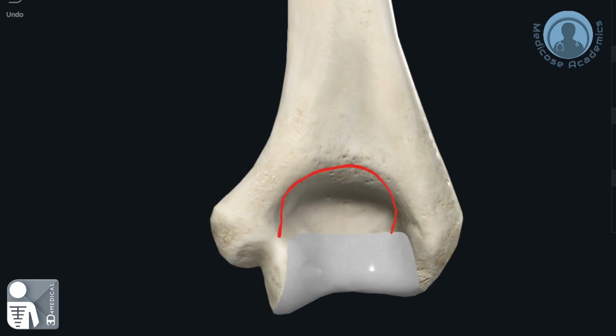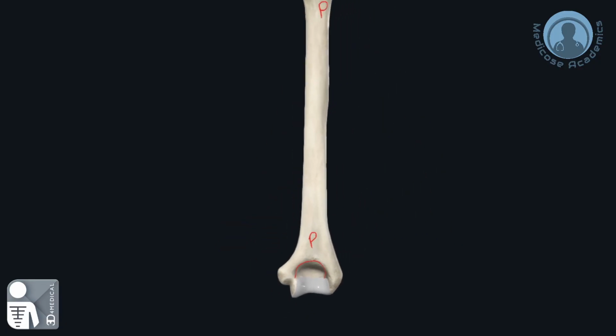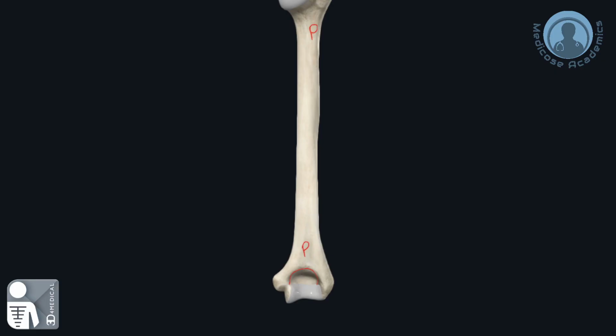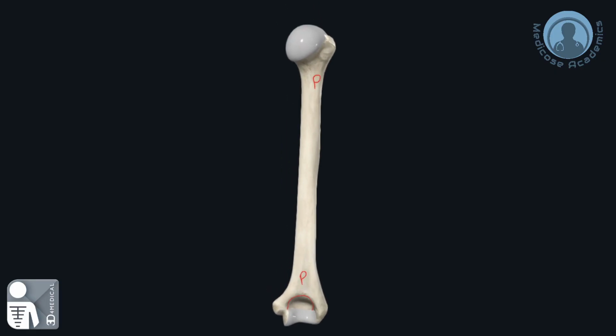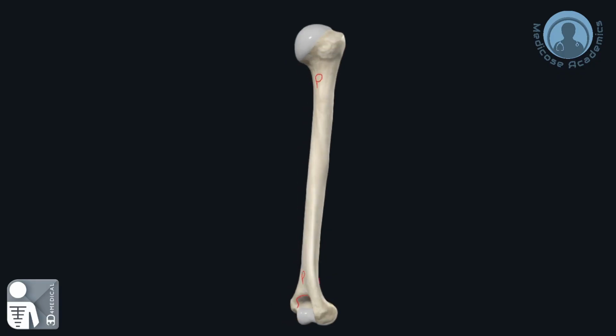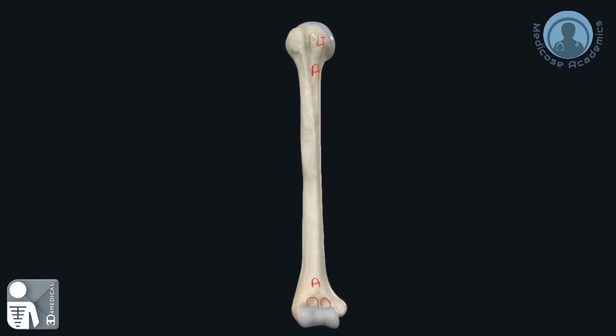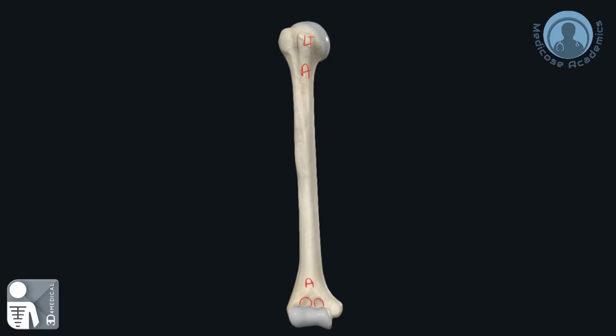That makes it the posterior aspect. By now, you have identified the upper and lower end, and the anterior and posterior aspects. The one that is facing you right now is the anterior aspect.